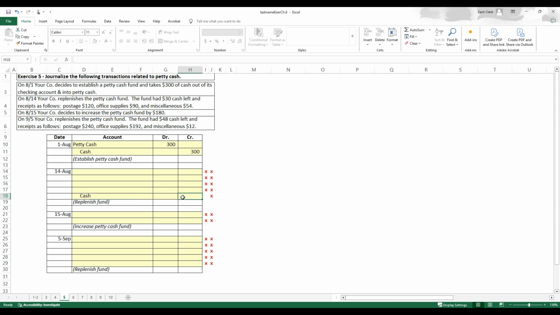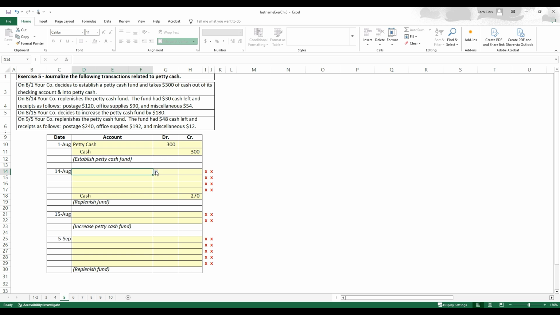And so what we're going to do is take our cash, reduce our normal cash. We're going to take it out of our bank account, and it's going back into the petty cash fund. But what we're going to debit then is for these expenses.